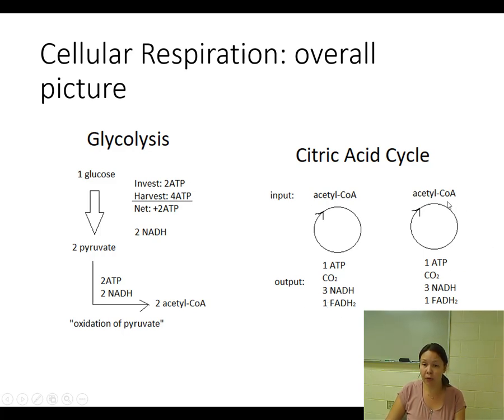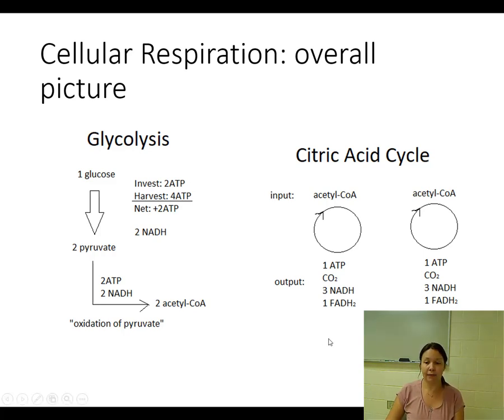So in total, from 1 molecule of glucose, you would have to add up these numbers. For total amounts for the citric acid cycle, it would be 2 ATP, 6 NADH, and 2 FADH2s. Now remember, the electron carriers go to the electron transport chain.